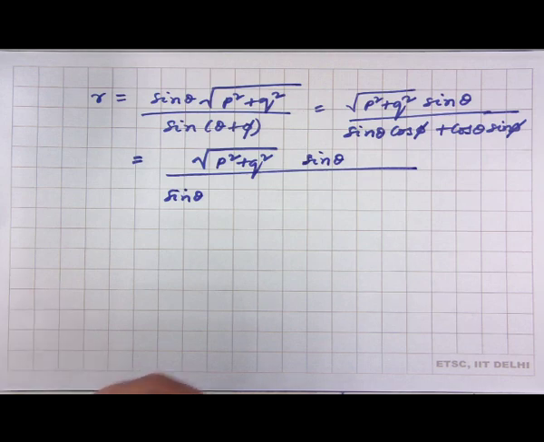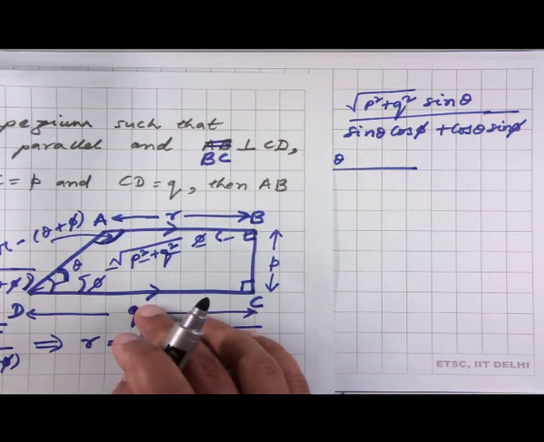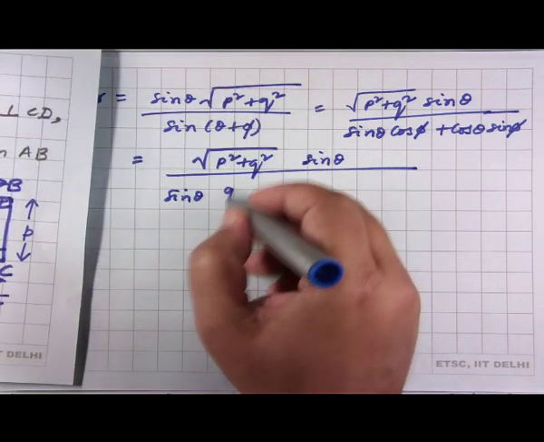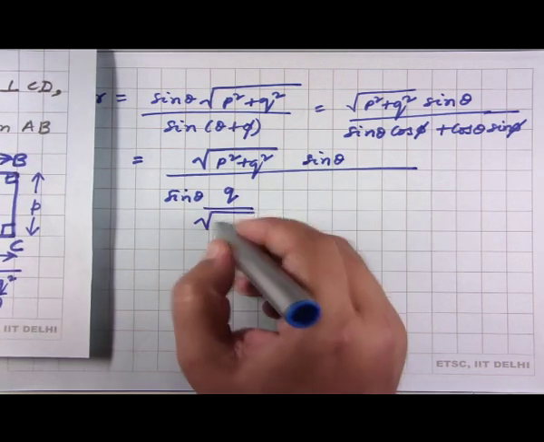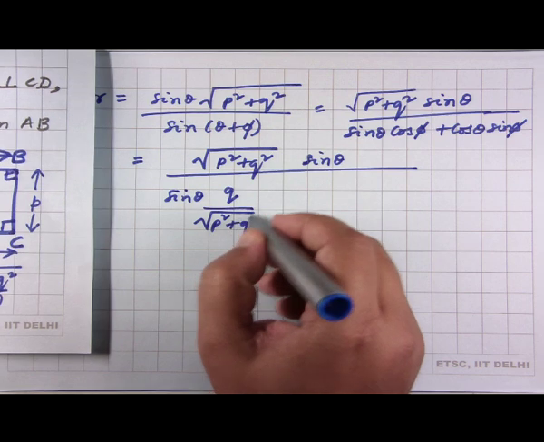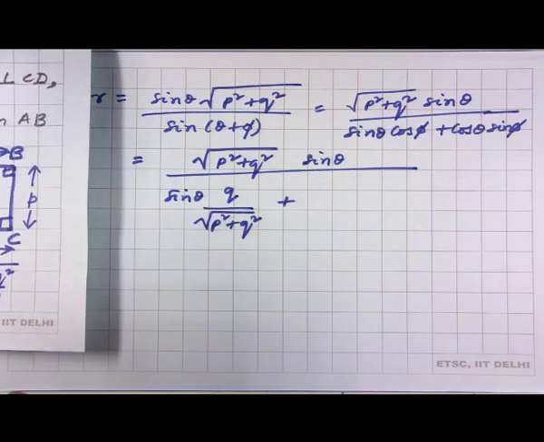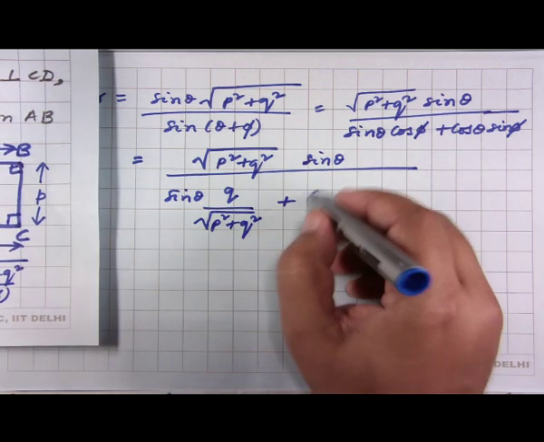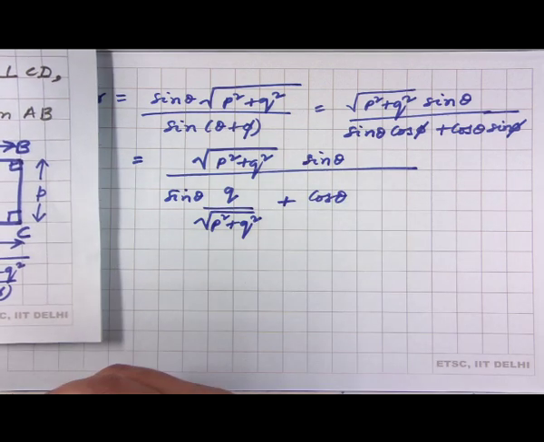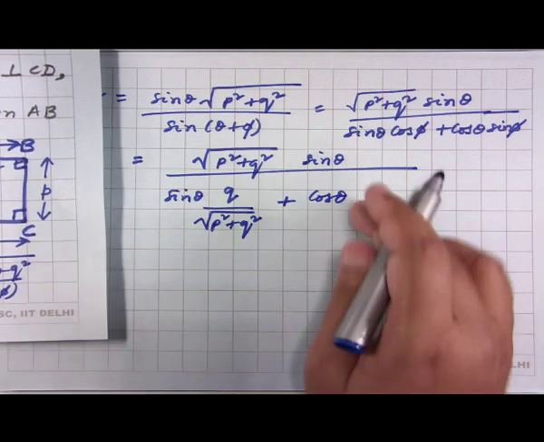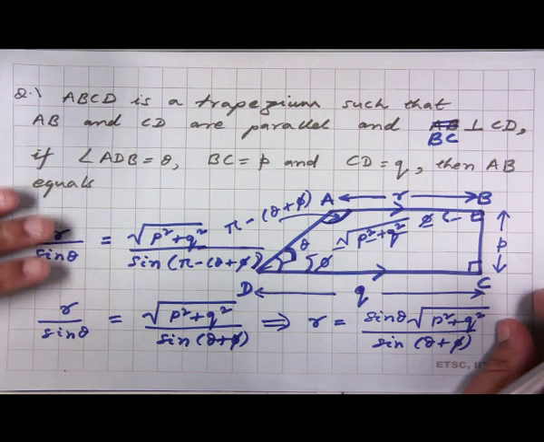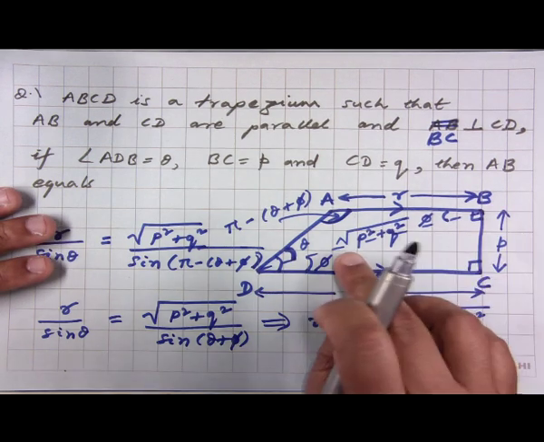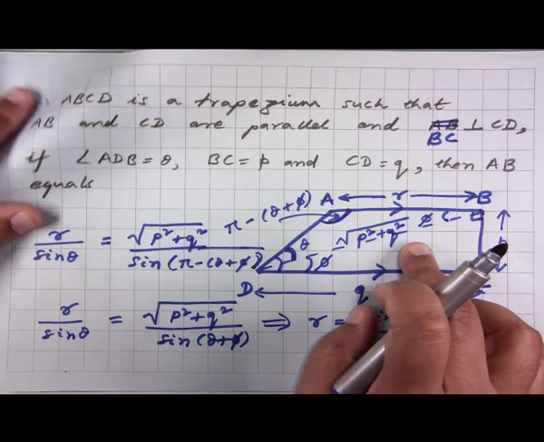Now, cos phi is Q divided by square root of P square plus Q square, plus cos theta into sin phi, and sin phi again from this figure is P divided by square root of P square plus Q square.